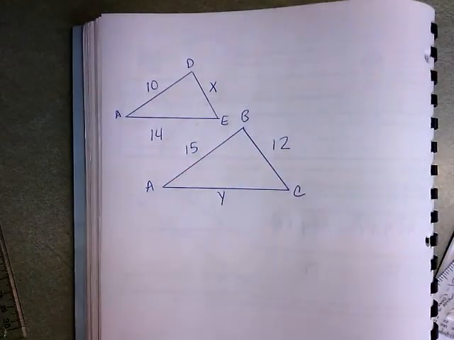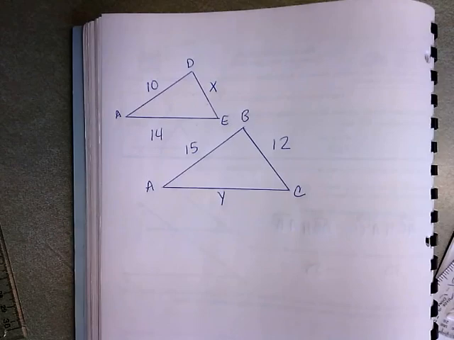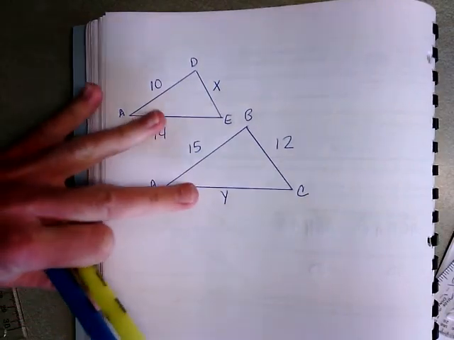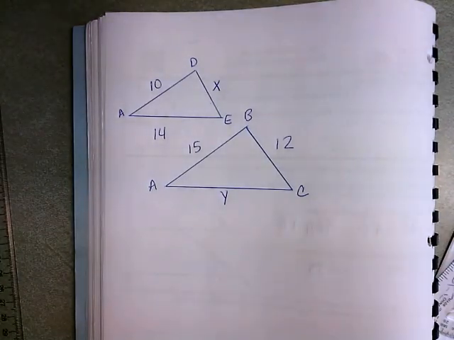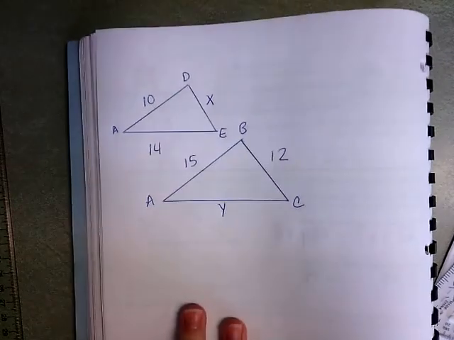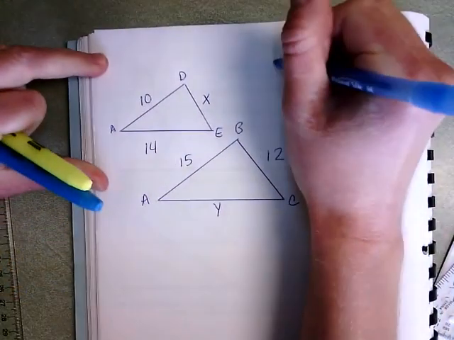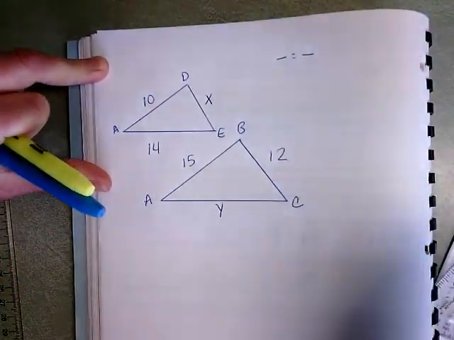Now here's the thing. When we want to algebraically solve for missing sides of triangles that aren't right triangles, when we have similar triangles, we're going to get into the concept of similar triangles in the next lesson, but I want to start talking about this so you can start understanding it. We want to set up proportions. A proportion is a fraction equal to a fraction.